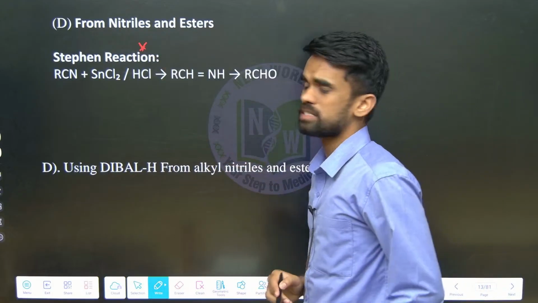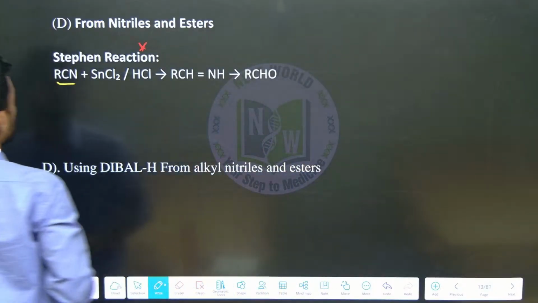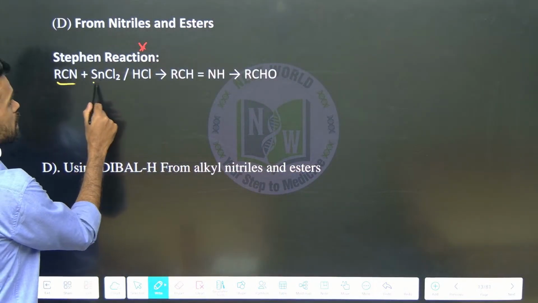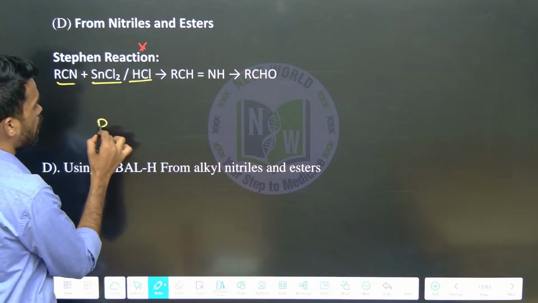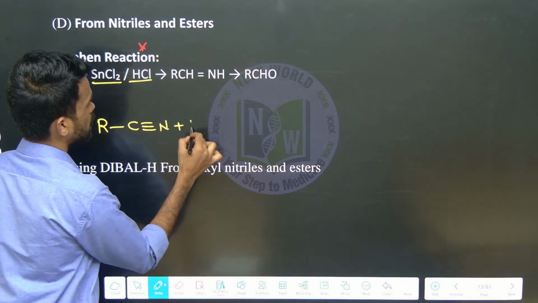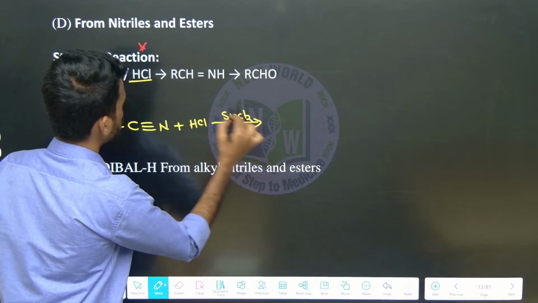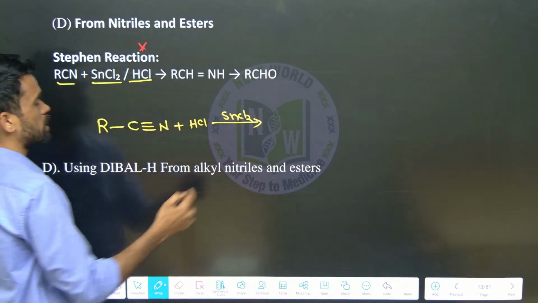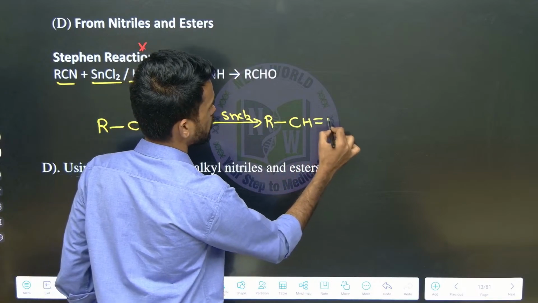What is the Stephen's reduction? Alkyl nitriles or alkyl cyanides, upon treating with SnCl2 and HCl. So I am taking R C triple bond N. This is treated with HCl in presence of SnCl2, and gives you imines first. Imine, RCH double bond NH.